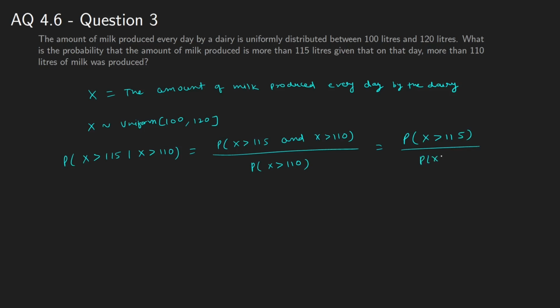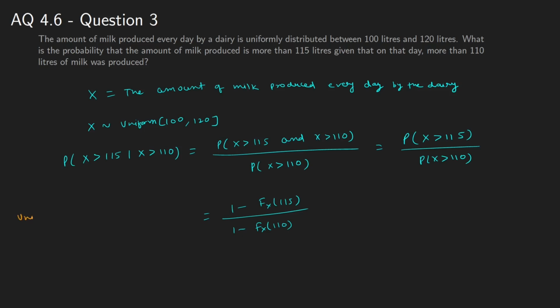So this can be written as 1 minus the CDF of x at 115, and the denominator can be written also as 1 minus the CDF at 110, the probability that x will take values less than or equal to 110. So since this is a uniform and continuous random variable x, we can use the CDF formula for uniform and continuous random variables.